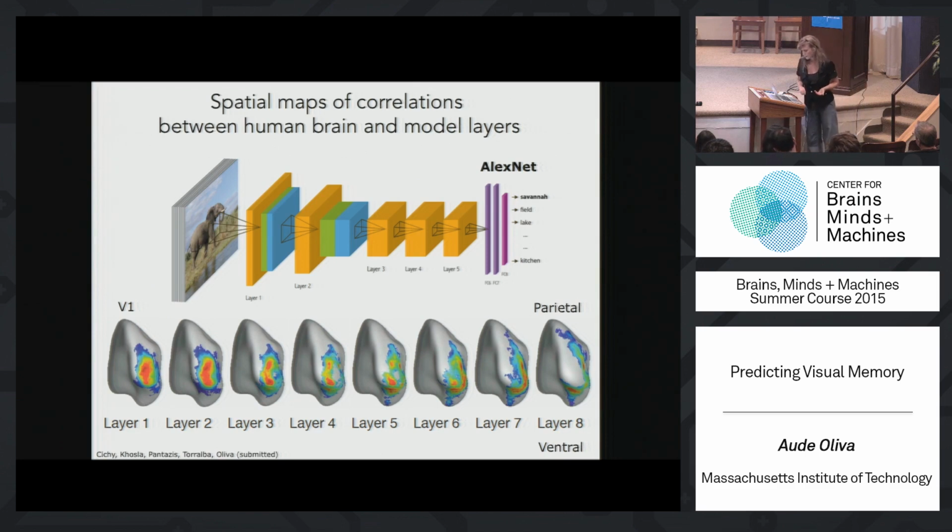And what we find is that layer 1 has a higher correlation with responses in the visual areas, literally V1, V2. And as you move up through the layers, there is higher correlation with parts of the ventral and the parietal part of the brain.